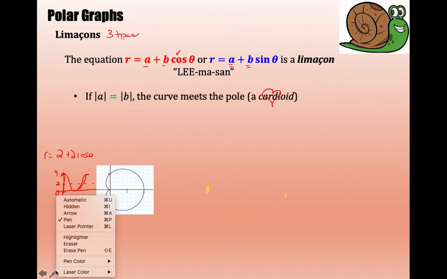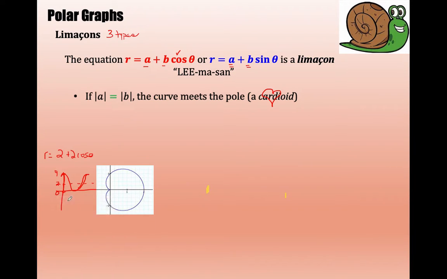Do you see how that cosine curve hits the x-axis in Cartesian land and then bounces away from it? The cardioid on the polar plane hits the pole, or meets the pole, and then bounces off of it.